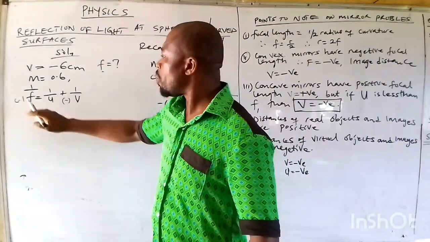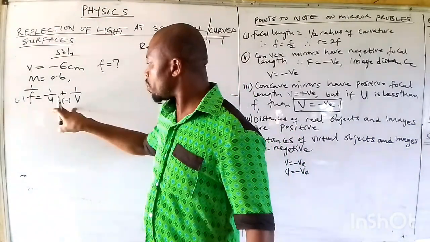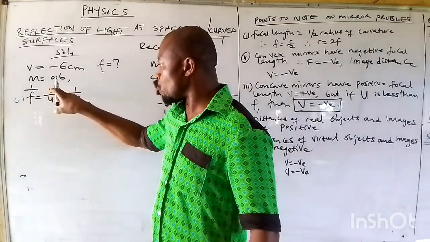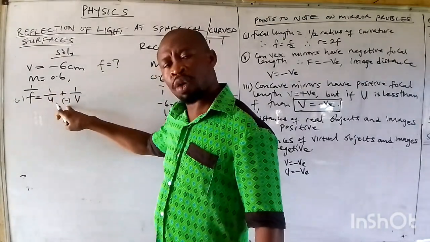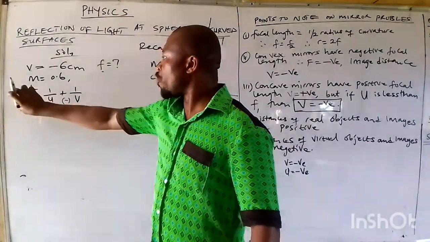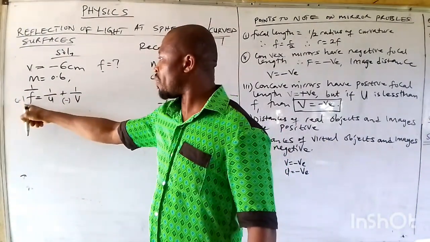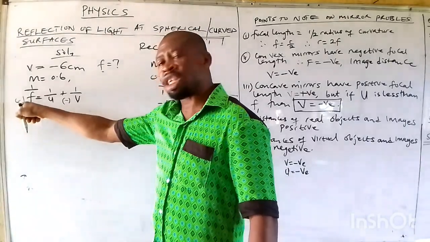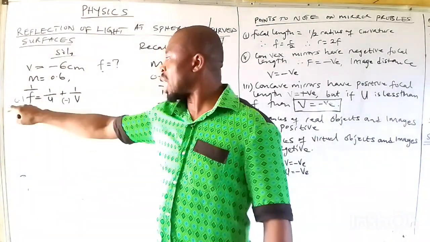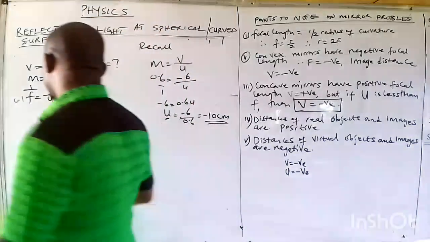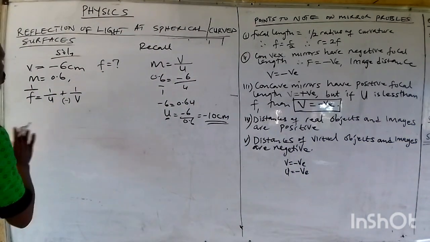So if you want to get V, you use positive. At the end of the day, your answer will be negative. But if you want to get your F for a convex mirror, and the F is negative, you use positive here, so that at the end of the day, your answer will be a negative value. So back to what we are discussing.